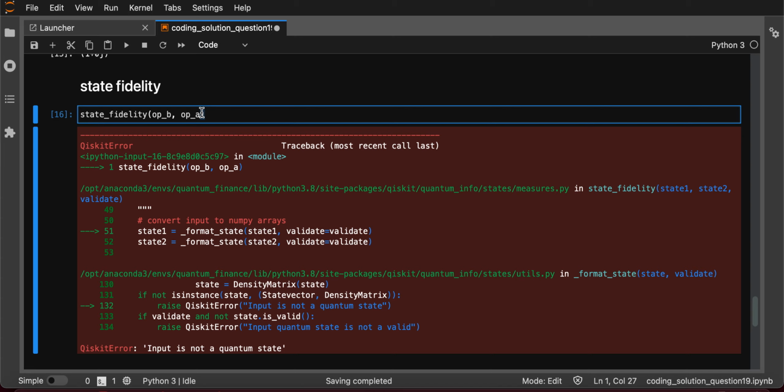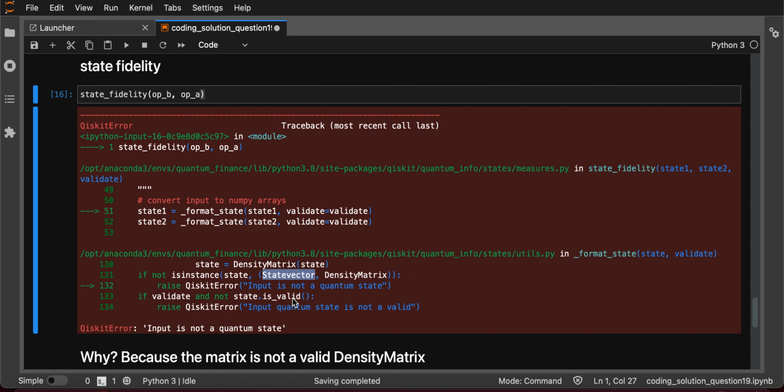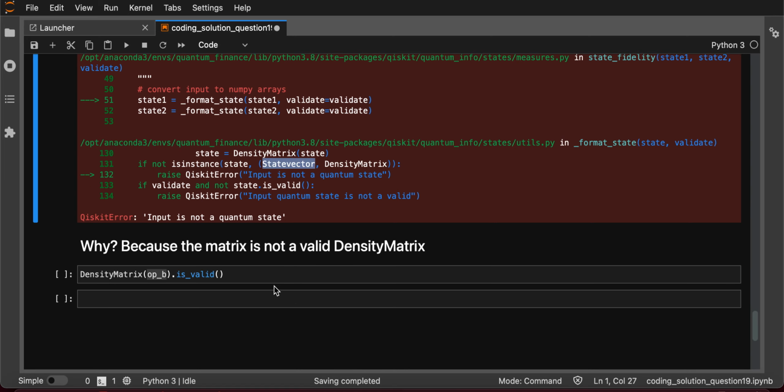A density matrix is a valid density matrix if the trace of its square is equal to 1 or less. And since the trace of the square of the Pauli matrices is greater than 1, because it's going to equal the identity, then they are not valid density matrices. And neither are they valid state vectors, which is required for a quantum state.